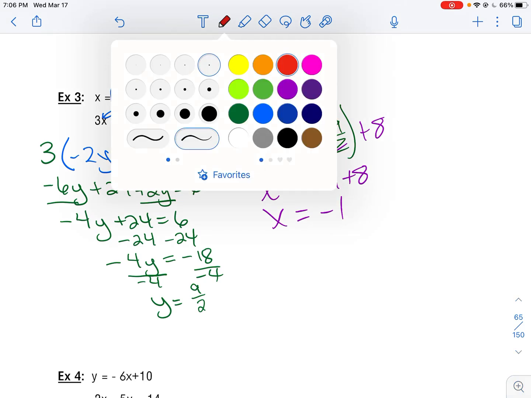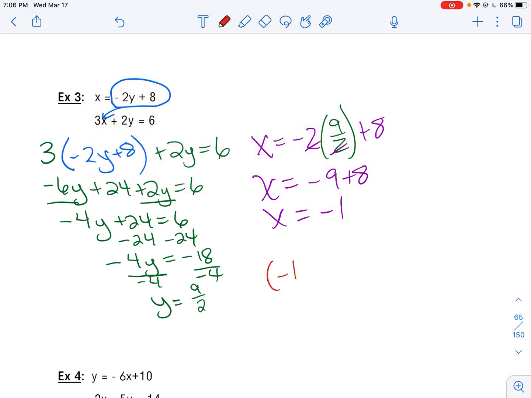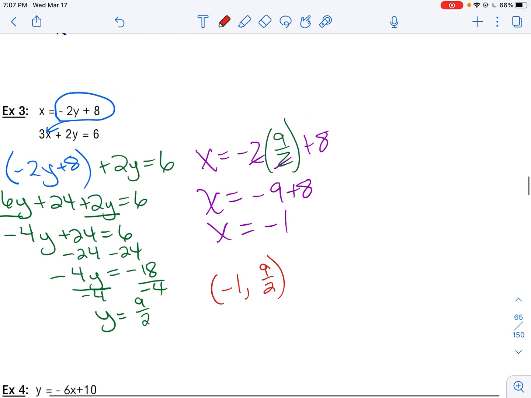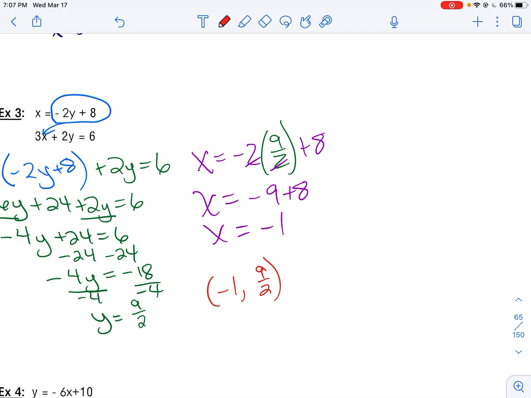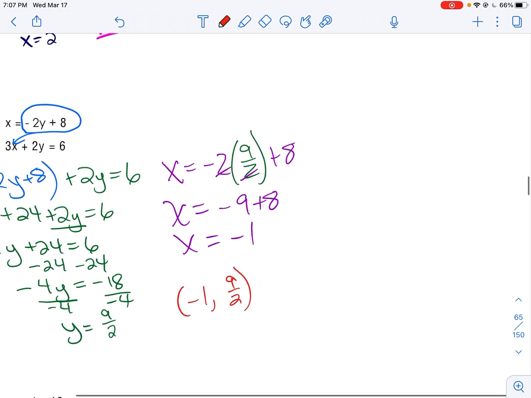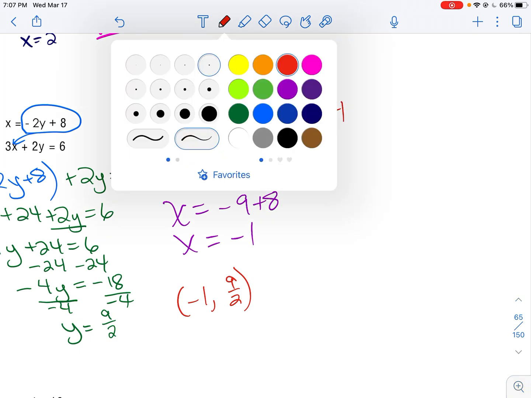So now let's check it and see. We have the point -1, 9/2. I think that's wrong, but we'll see. Maybe, I don't know. So, x value is -1.